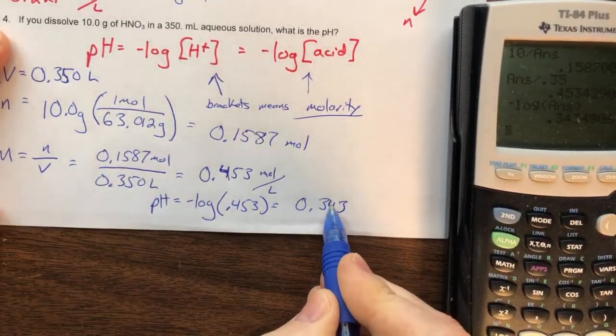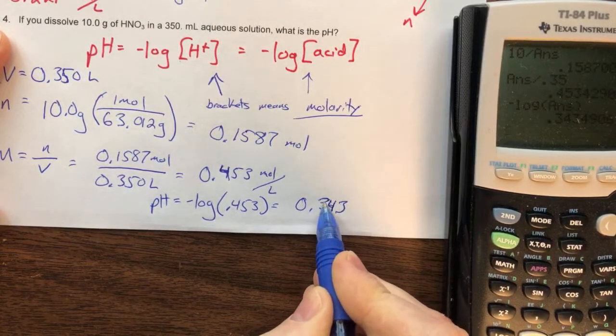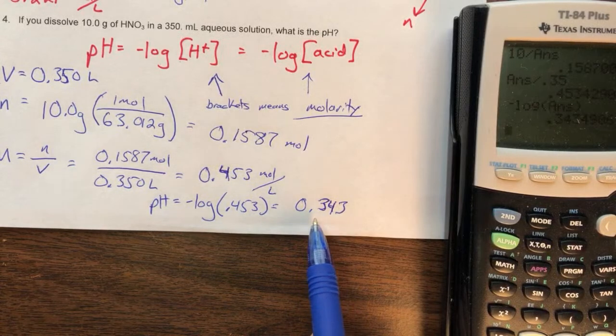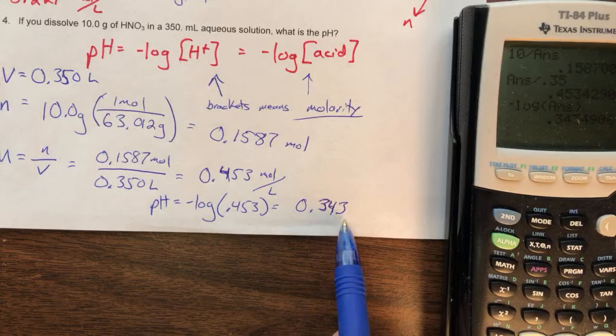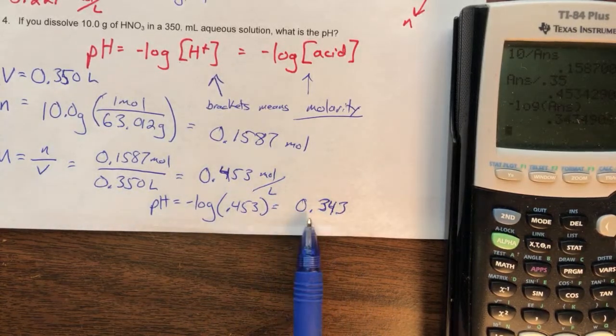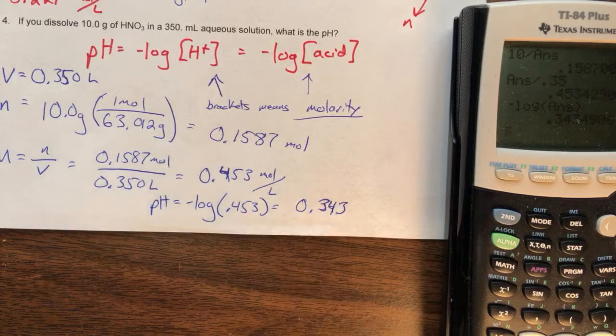And you need to include all these digits. Don't just say the pH is 0.3, because each of these digits is significant. After the decimal point, each of these digits is significant. Before the decimal point, none of those are significant. So make sure you include at least 3 digits after the decimal point.